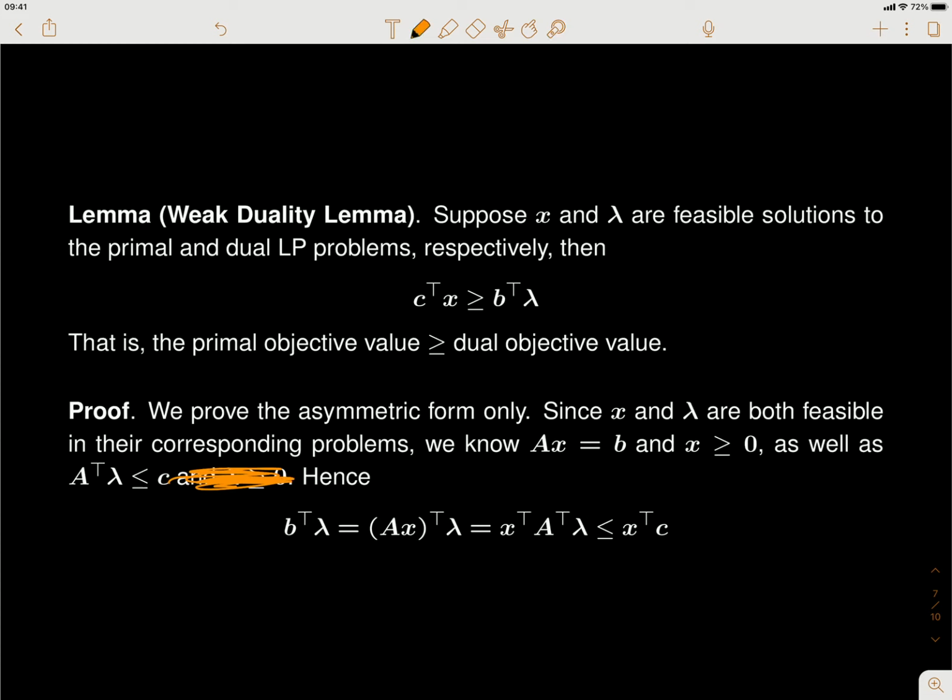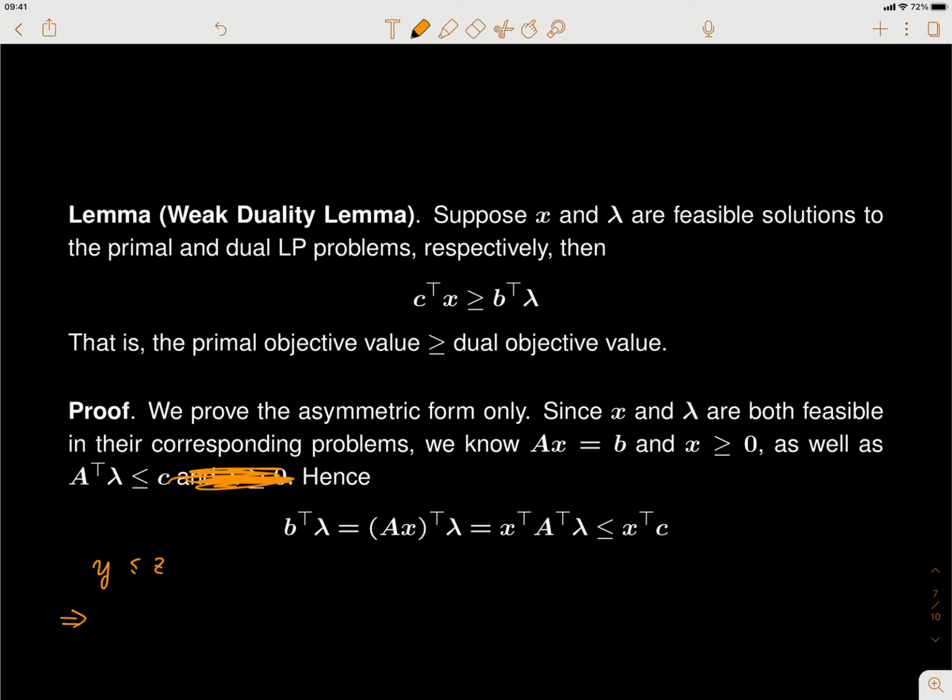Imagine I have vectors y and z. I know that y is less than or equal to z, and they could be positive, negative, or mixed.